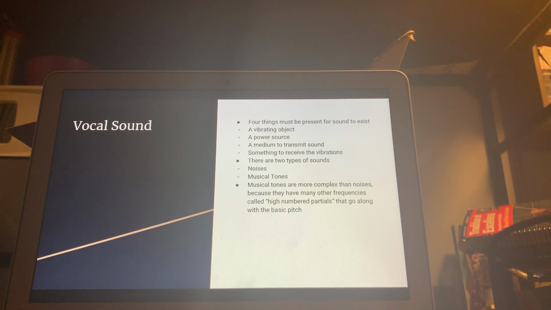So when you sing a certain note, say a middle C, there's not only the middle C pitch, but there's also many other frequencies above it and below it. There's things called overtones. So it's not just one pitch, there are many other pitches that come together to make that one pitch.